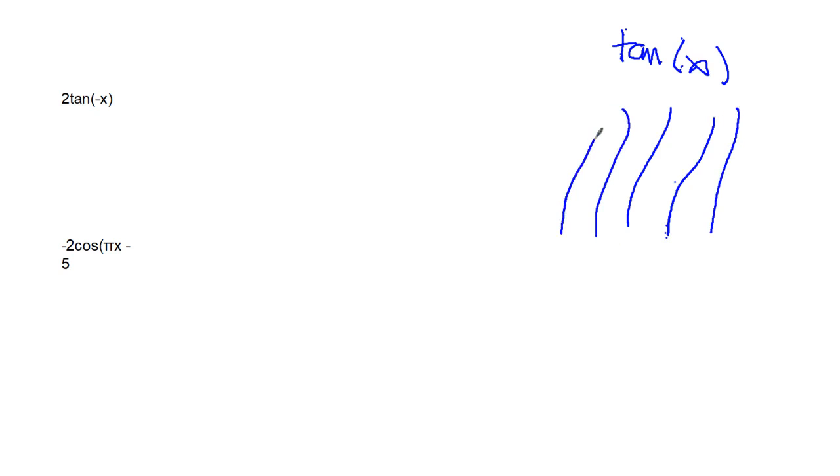That's the graph of tan x. Let me draw a coordinate axis so it looks better. It's something like that, right? There you go. With asymptotes every pi over 2 iterations.